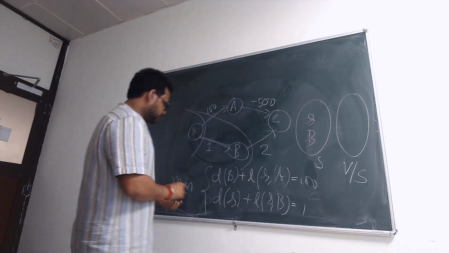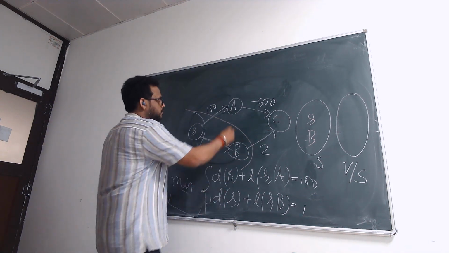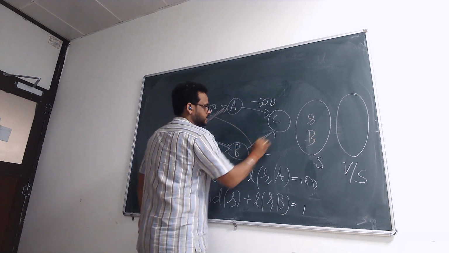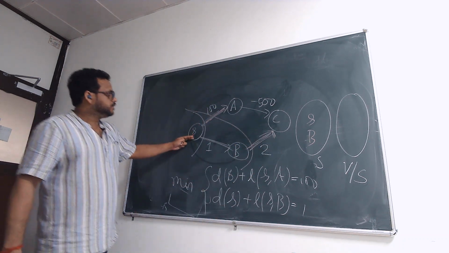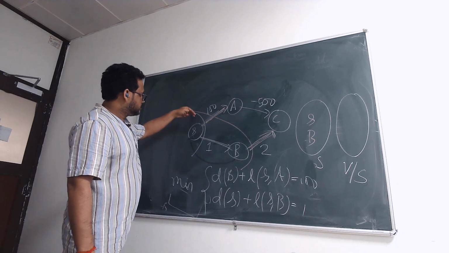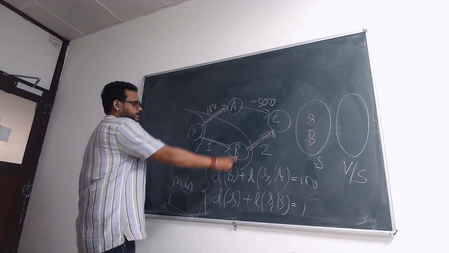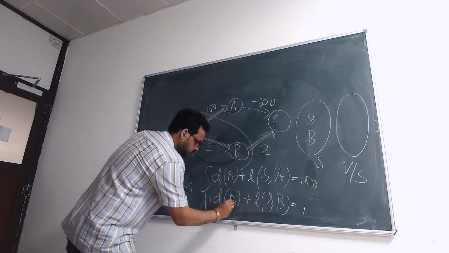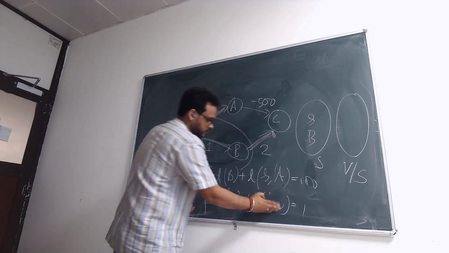Fine. Now again we'll look at the other cut edges. So this is one cut edge and this is another cut edge. So in the second iteration I'll check d of S plus the length of this edge, which is 100, and d of B plus the length of this edge. What is this edge?